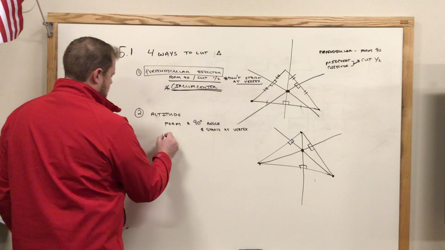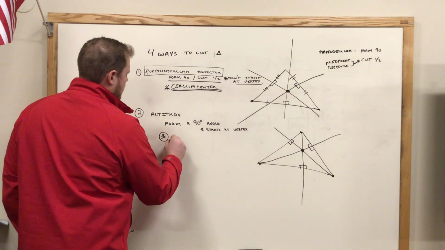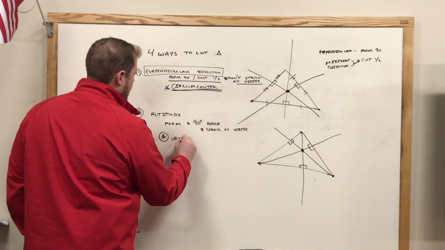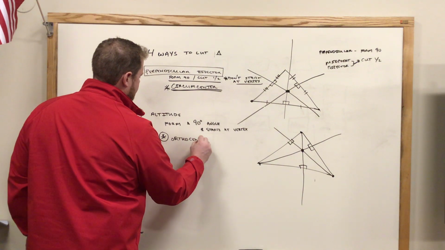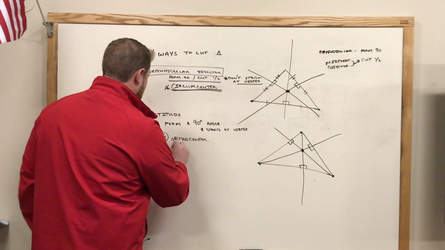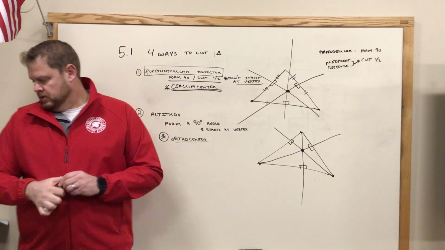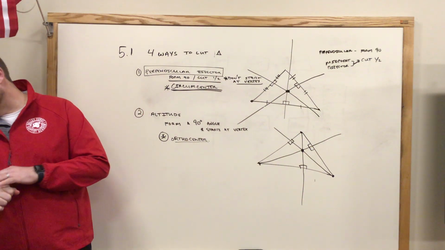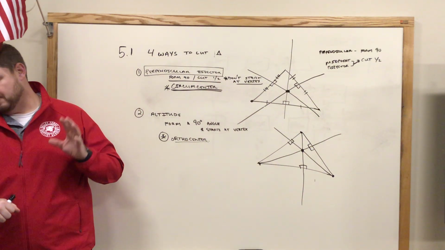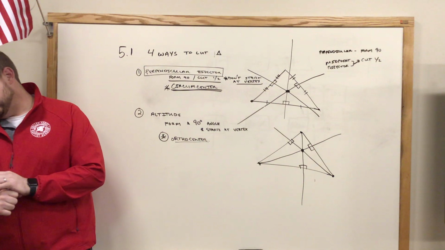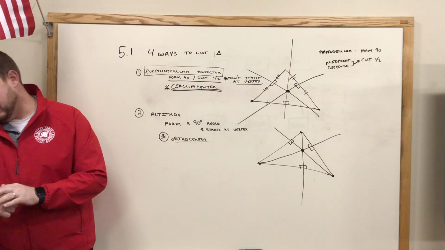So, where do they meet? It's called an orthocenter. If they meet at the orthocenter, that means they will form a right angle to the opposite sides.